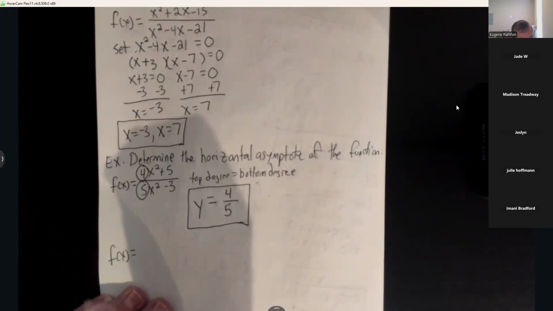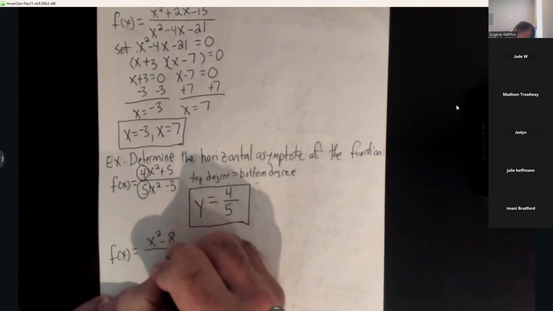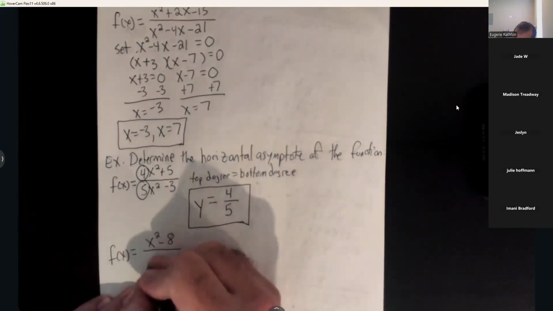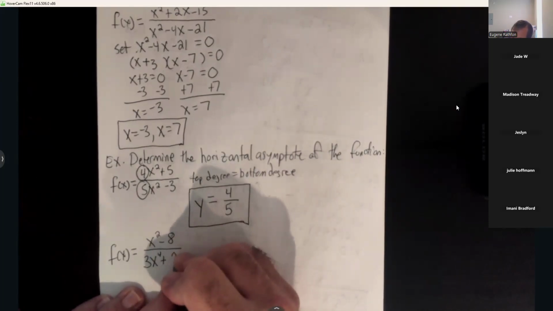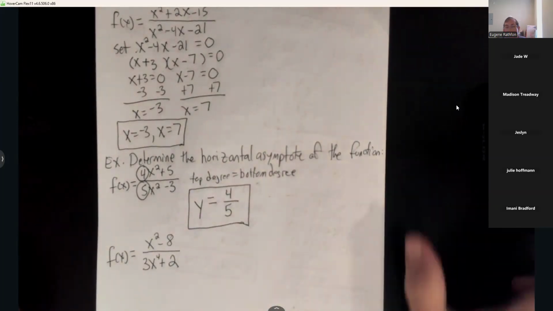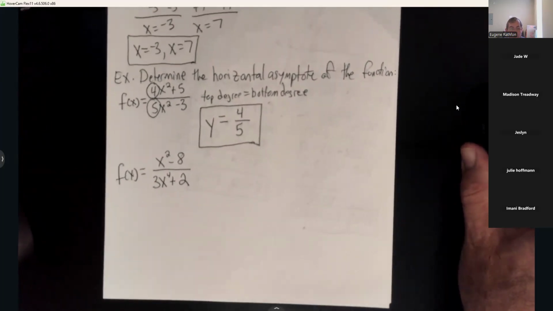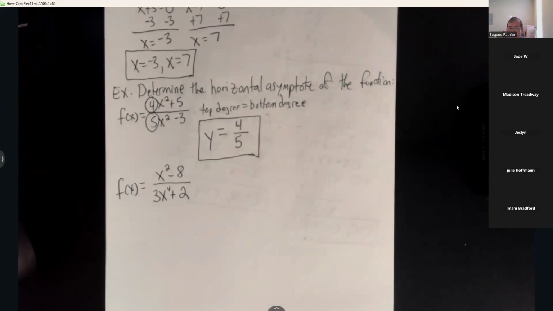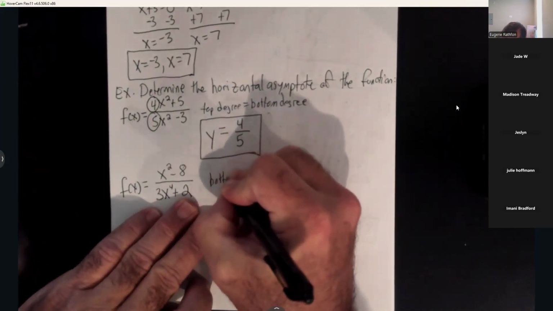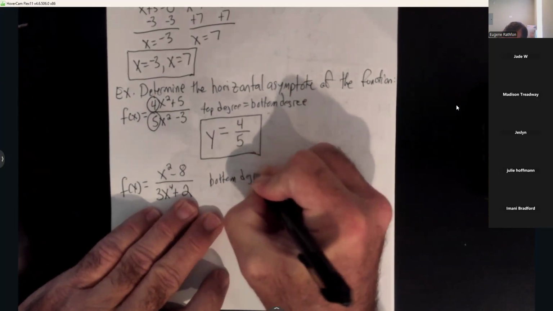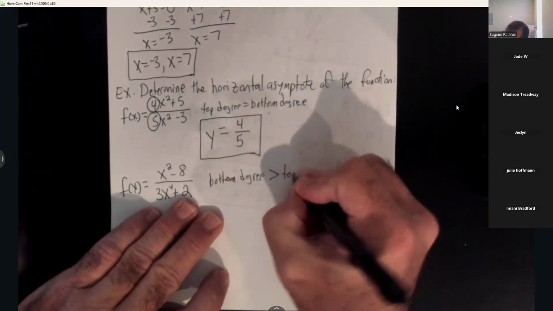How about f of x equals x squared minus 8 over 3x to the fourth plus 2. All right, where are we bigger, top or bottom, or equal? So we're bottom. So remember, the bottom degree is greater than the top degree.